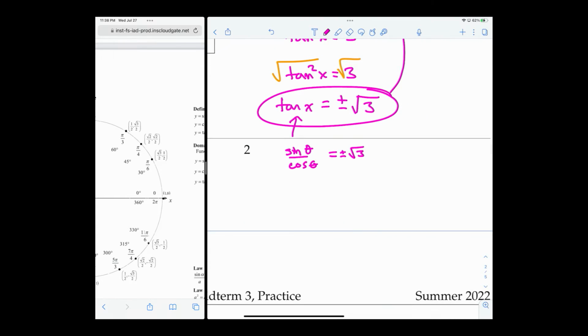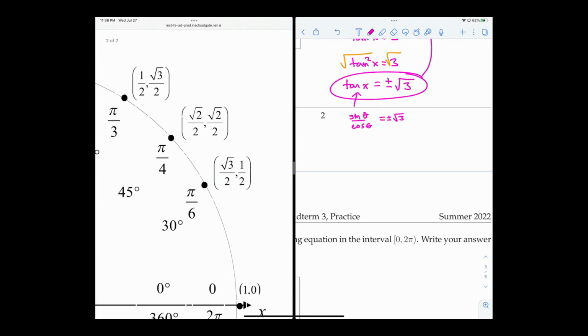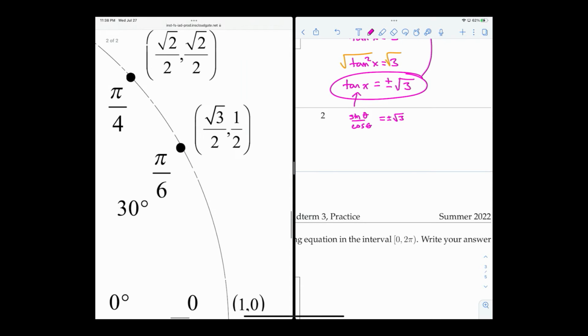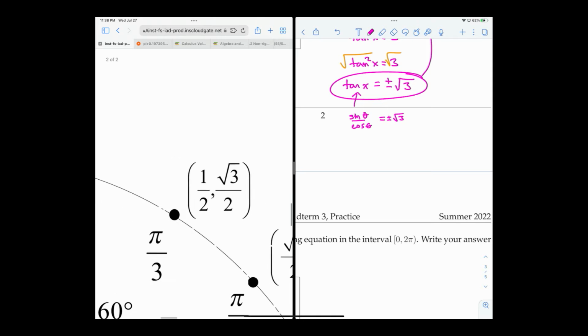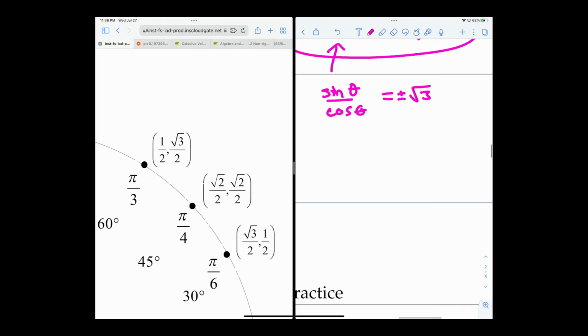But if you think about it, the only place a square root 3 is going to come from is the angles like pi over 6 and the angles like pi over 3, right? You can see the square root of 3 there, and you can see it there. But if you use a calculator, if you do 1/2 divided by square root 3 over 2, you get 1 over square root 3.